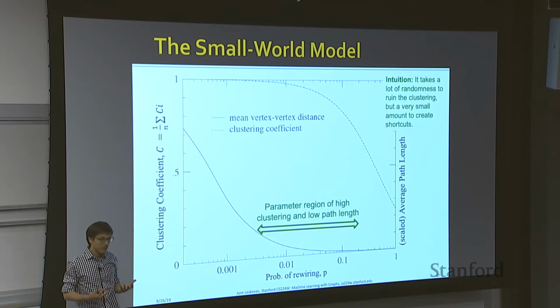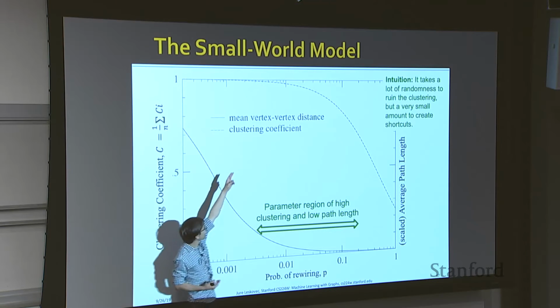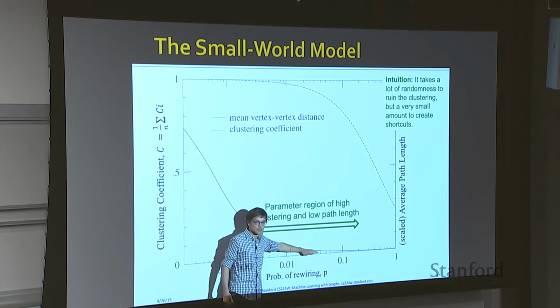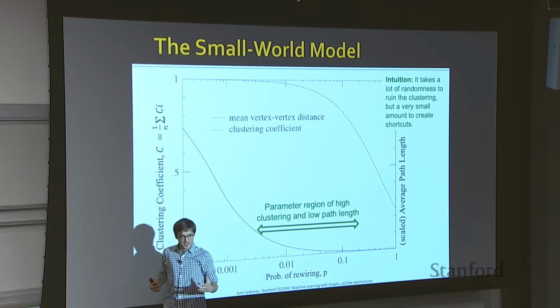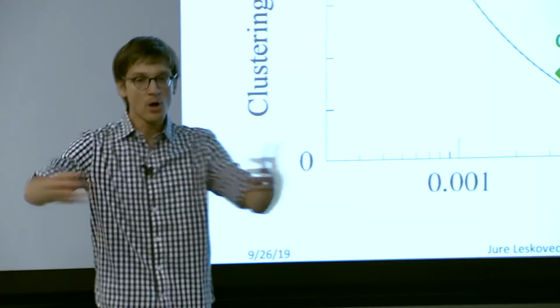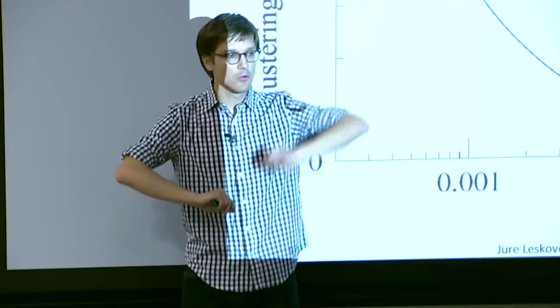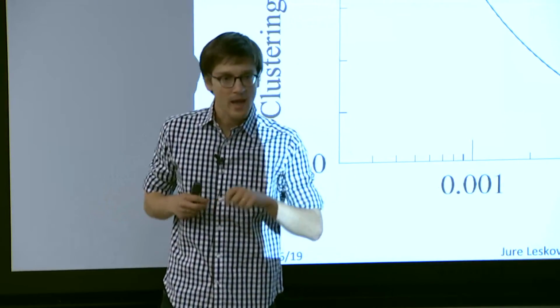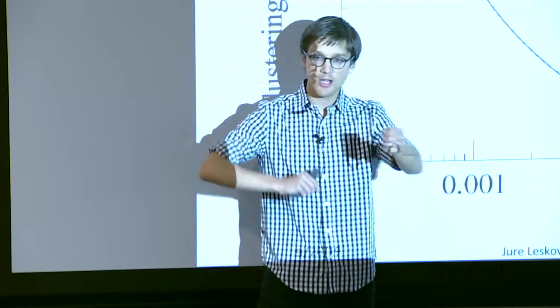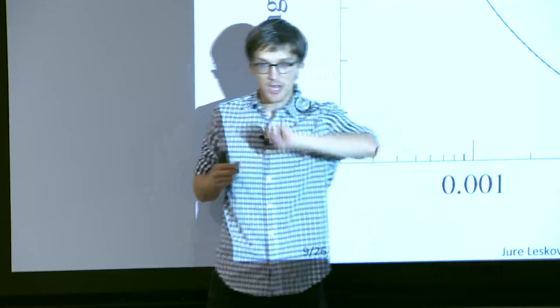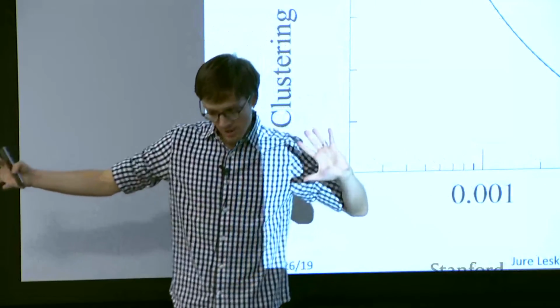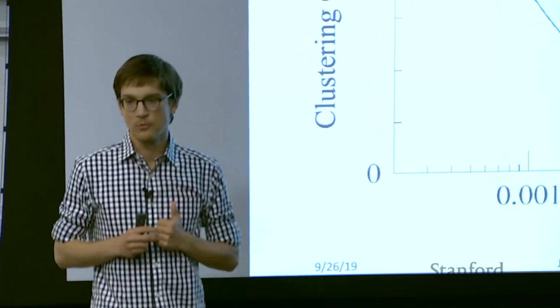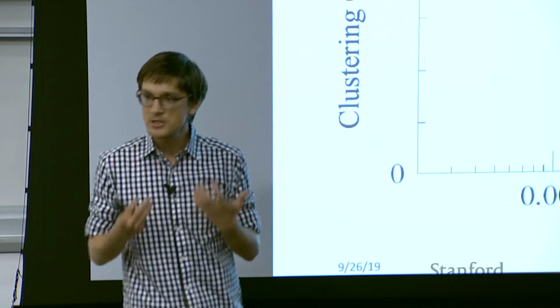It teaches us the following: yes, we have high clustering and we have low diameter, because most of the friends we have are local and they know each other. But we also have a few colleagues who live in other countries, other continents, and so on. And we only need a couple of those random colleagues, this kind of long-range edges, to collapse the diameter of the world's social network. So this is kind of what we learned.